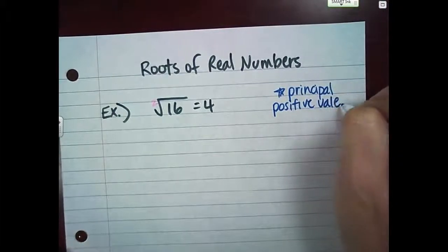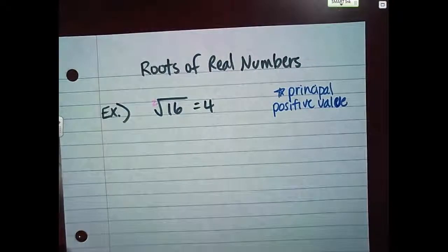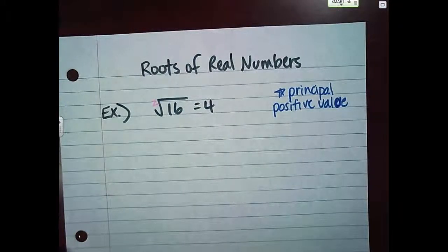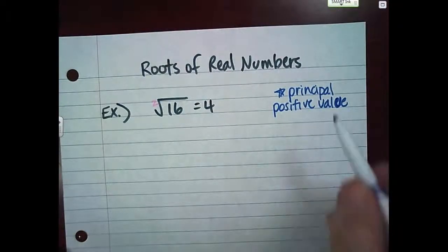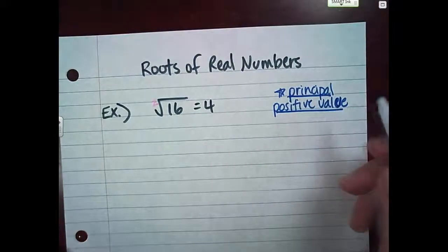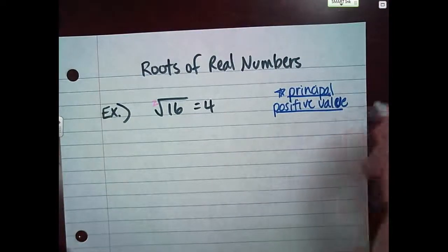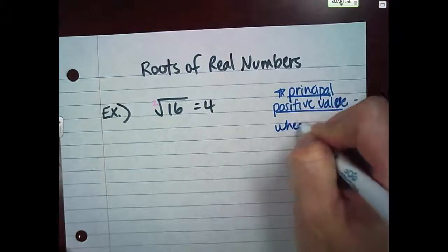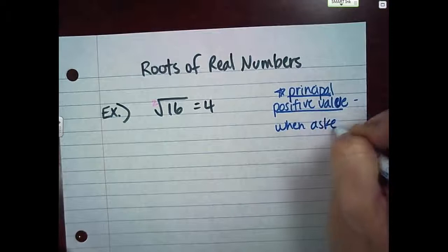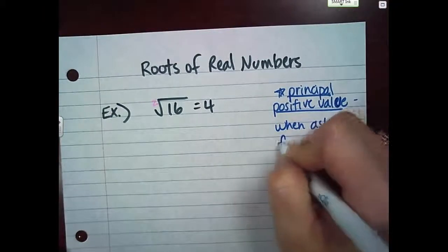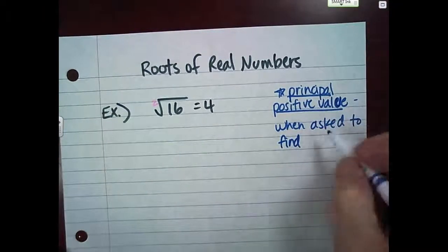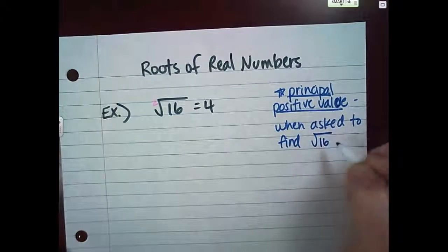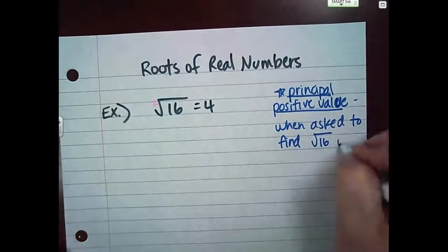It sounds kind of fancy, but it just means that when asked to evaluate, or when asked to find, the square root of 16, we only give the positive value.